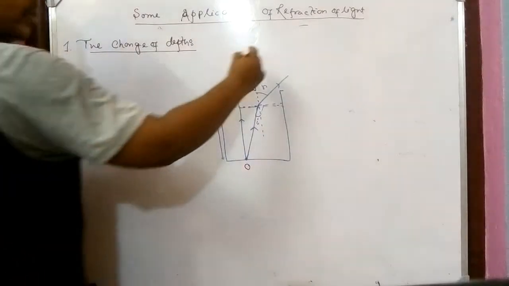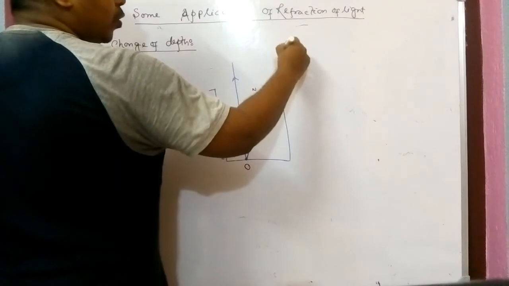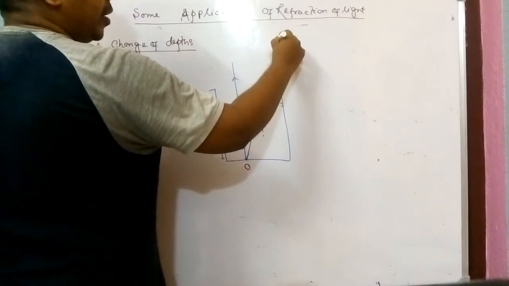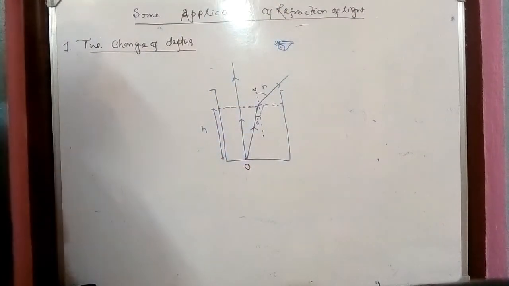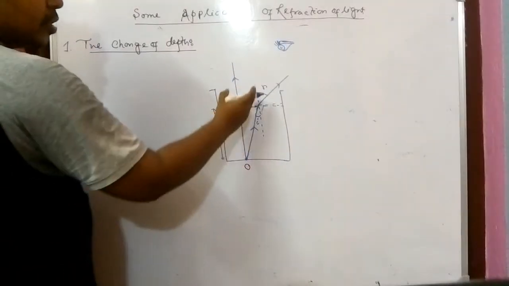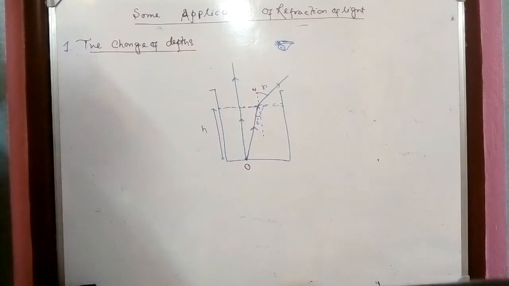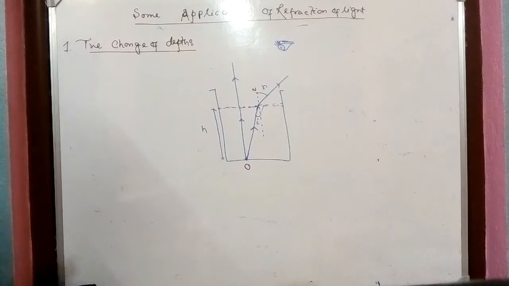Now, if a human being wants to follow the path of the ray from here, it is clear he cannot follow this bending path, because, as I have told earlier also, it is a characteristic of the human eye that we cannot follow the bending path of light. We just follow the straight path.